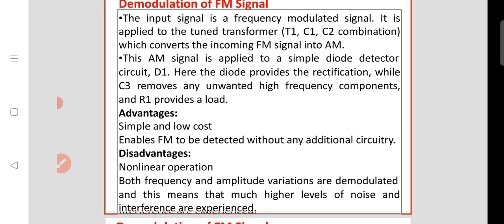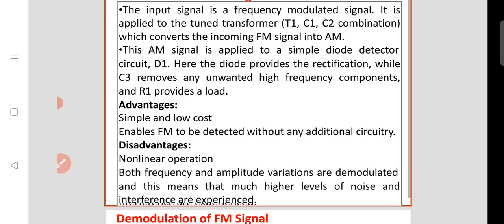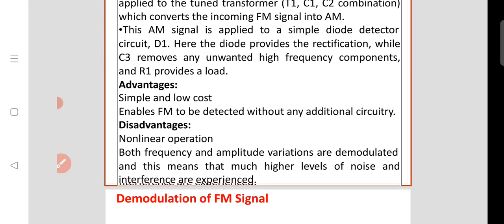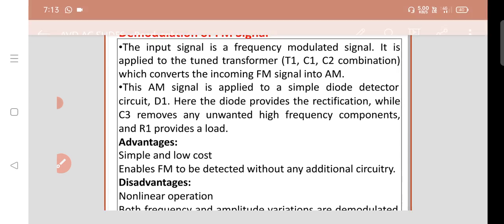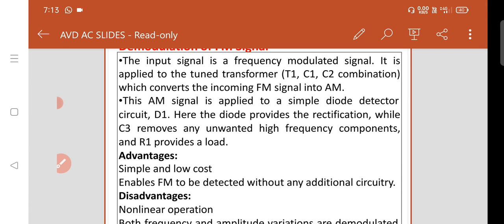That means there are AM changes, and those AM changes cause the occurrence of noise. It does not eliminate the amplitude variations at the output; it is sensitive to any amplitude variations in the input FM signal. It does not discriminate whether it is our message or not. Any change in amplitude produces a change in amplitude on the output side.